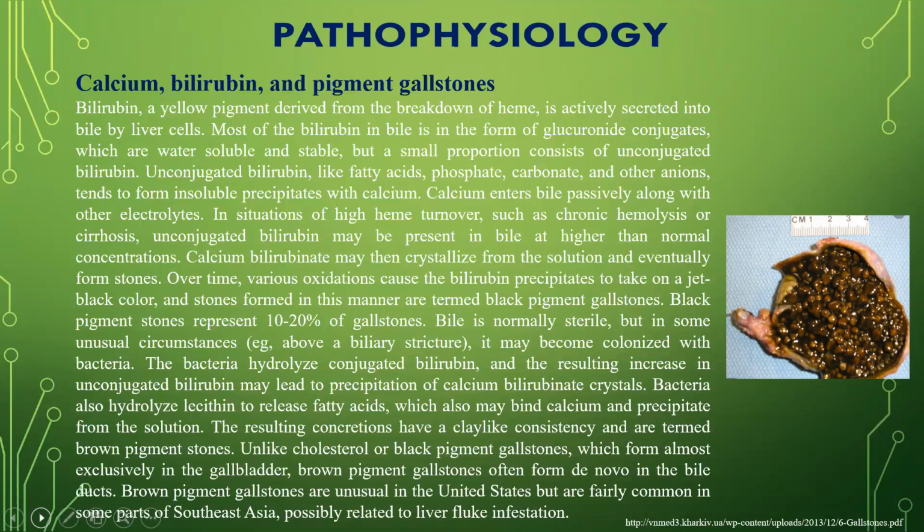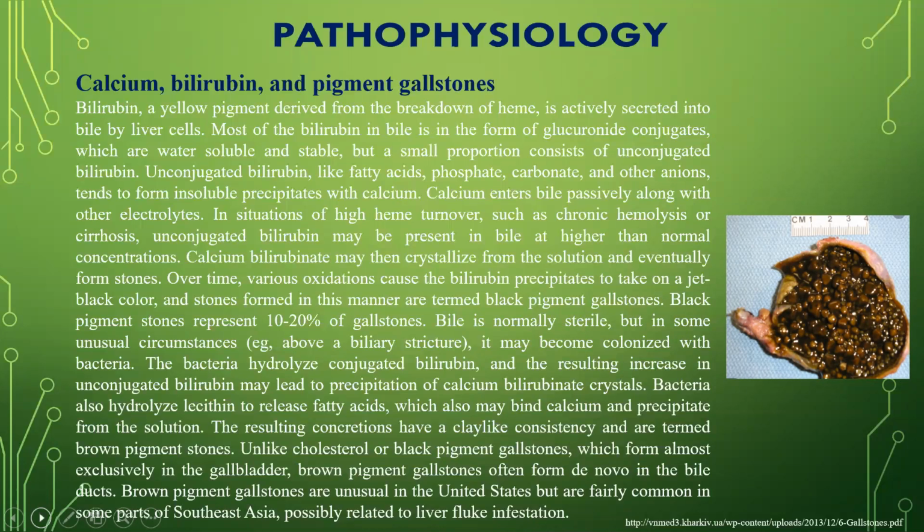Unconjugated bilirubin, like fatty acids, phosphate, carbonate, and other ions, tends to form insoluble precipitates with calcium. Calcium enters bile passively along with the other electrolytes. In situations of high heme turnover, such as chronic hemolysis or cirrhosis, for example, this type of bilirubin may be present in the bile at higher than normal concentrations.